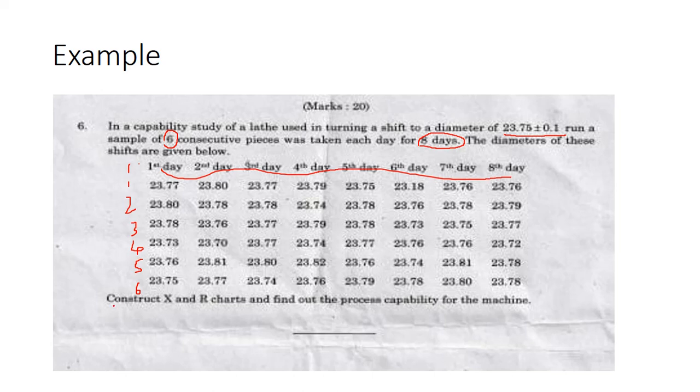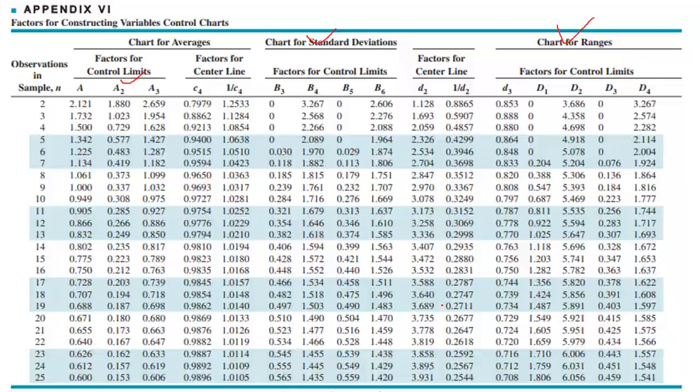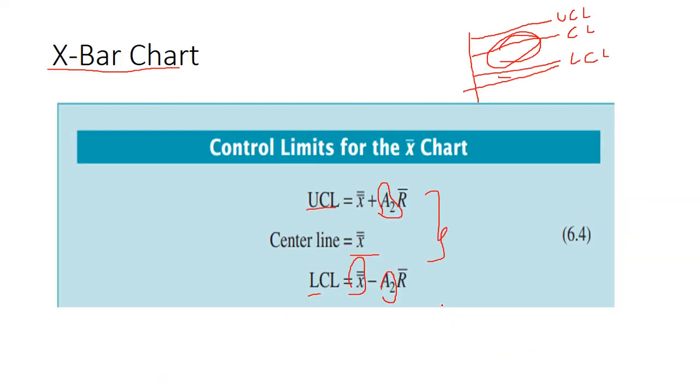Now we need to construct the X bar chart and R chart to find out the process capability for the machine. So we need to find the control limits, which we already discussed. For the X bar chart, first we need X double bar, then R bar.